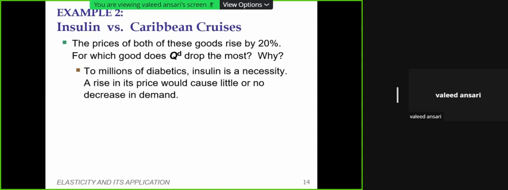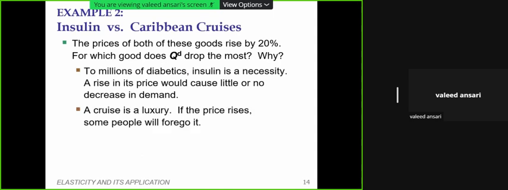Then another important thing is about the goods in question, whether the good is a luxury item or like insulin, which is a necessity.